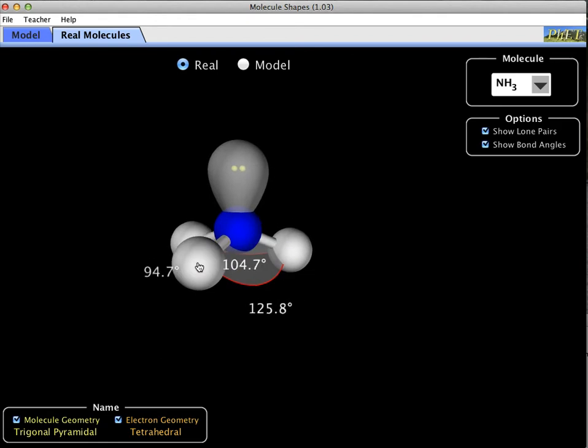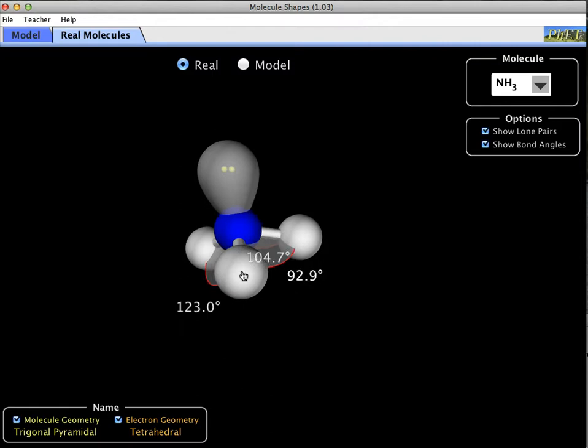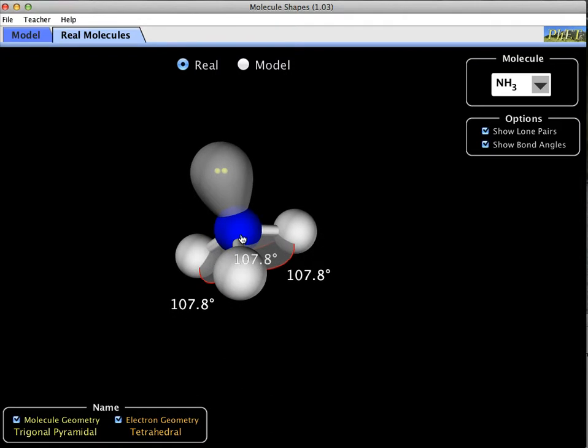So this would look a lot like methane, right? There's a steric number of 4, but instead of having 4 atoms bonded to the central atom, it's 3 plus a lone pair. And if you remember, the angle for methane is a little over 109. And here, it's noticeably less. Not a whole lot, but noticeably.